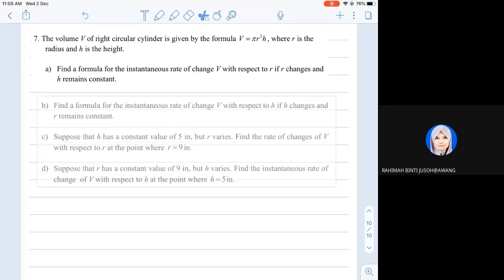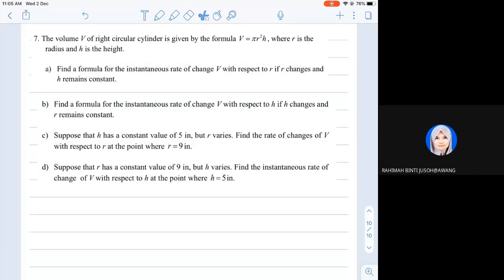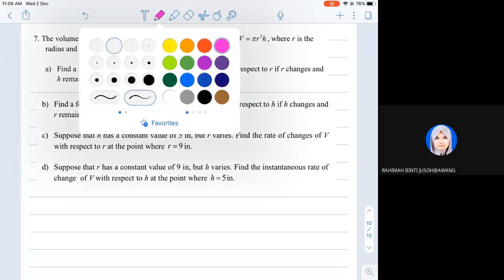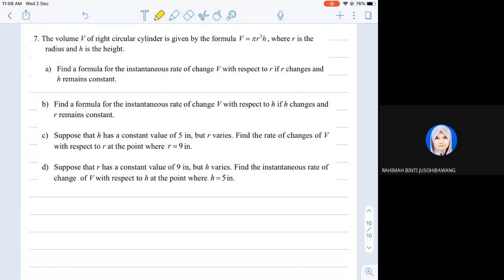Alright. So question number 7, we have volume of a circular cylinder. Okay, how do we answer this question? Question number 7A. Find the rate of change of V with respect to R. Highlight the keywords.